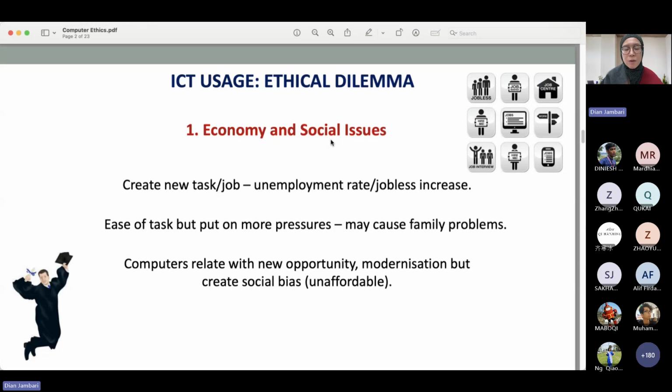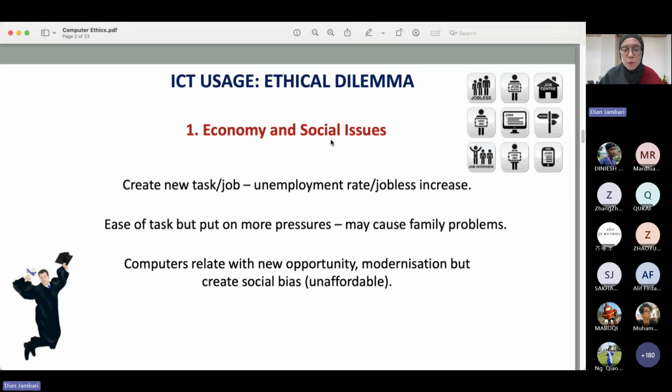So where is this dilemma coming from? We know ICT or computers help to make tasks more efficient, much faster. So ICT has that value, it can be good.